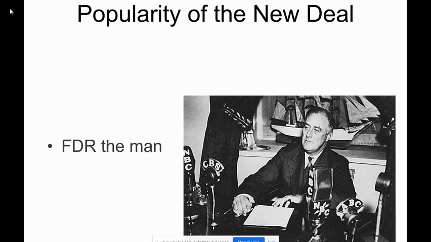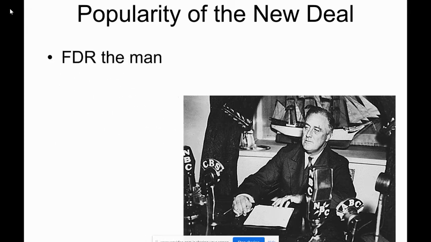All right, popularity of the New Deal. Well, FDR himself, especially for the first couple of years, was very widely liked. He does have his opponents, he does have his critics, but in 1936, he wins a landslide re-election.